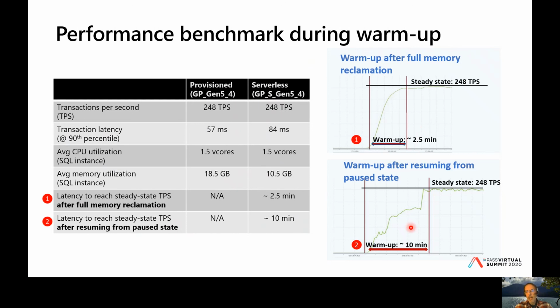But unlike the previous case, because the database was paused and the underlying compute was completely terminated, there are additional initializations that need to occur, and only occur once workload activity actually returns. And that sort of represents the balance of the additional latency that was observed.